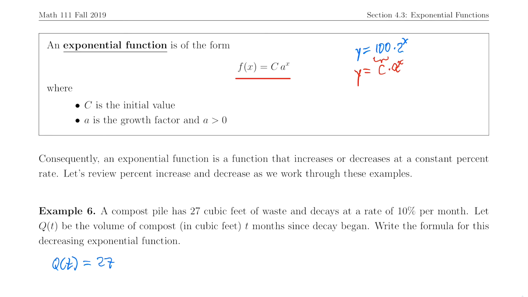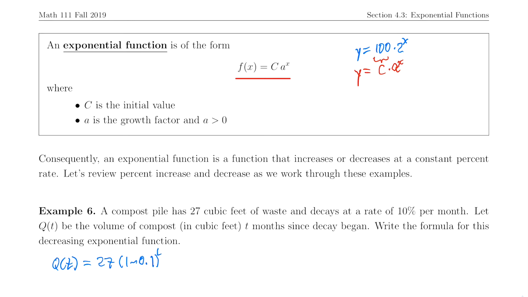What we start with is our full compost pile, but then every month 10% is taken away. So that is minus 0.1, and that is applied every month. So whatever our compost pile is, every month it's times 1 minus 0.1.